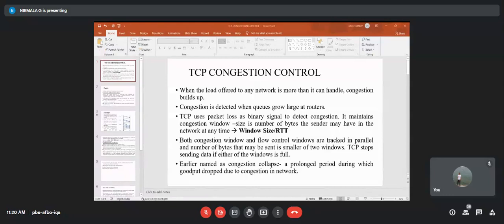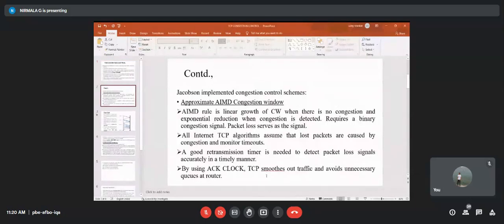Next, there are some congestion control schemes which were proposed by Jacobson. So what are those? One is the AIMD rule. What is this AIMD rule?